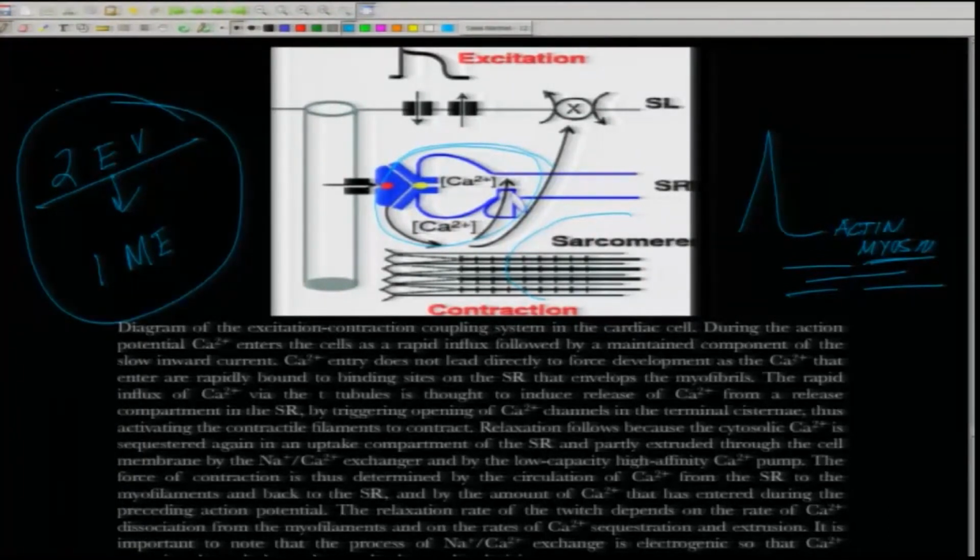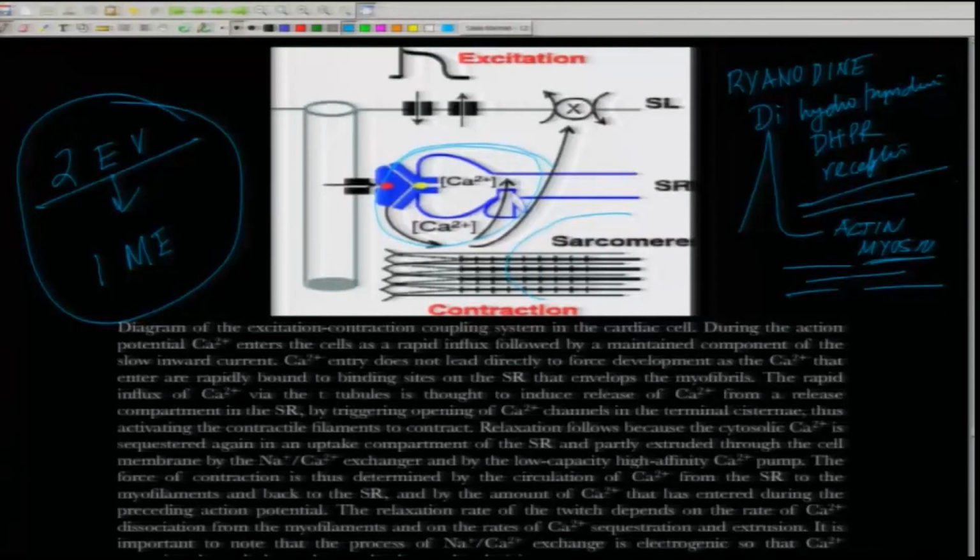And this is also where your two critical receptors come into play, ryanodine and dihydropyridine receptors, DHPR. Both of them are calcium-activated channels, and they are coupled with each other: the ryanodine receptor, RYR, and DHPR.